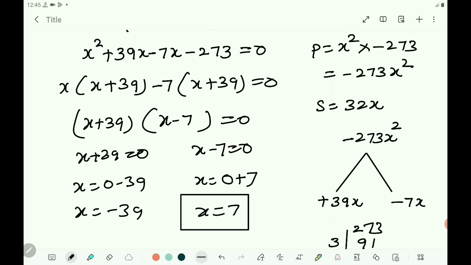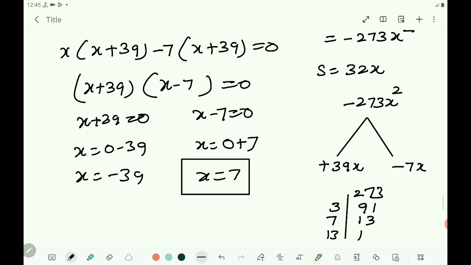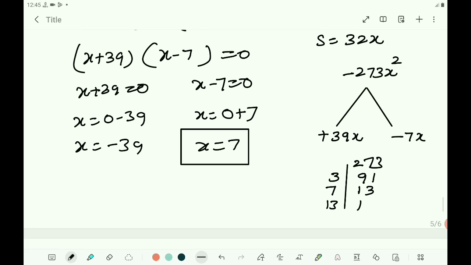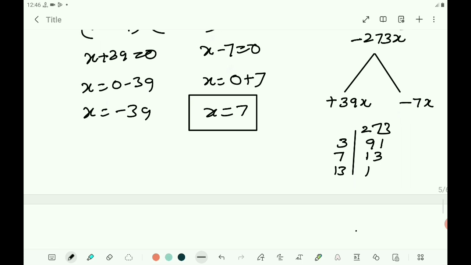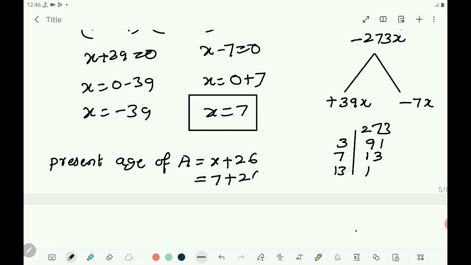Here you got the value of x, means here present age of A equals x plus 26 equals 7 plus 26, which equals 33 years.